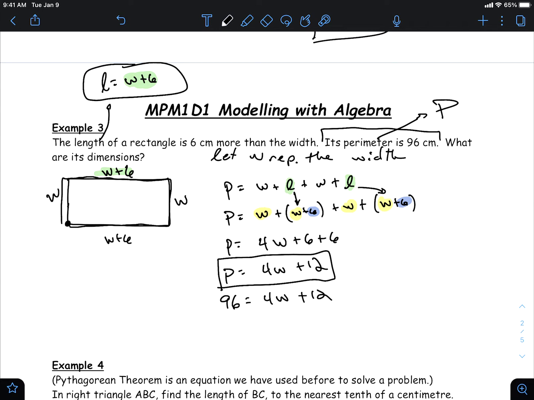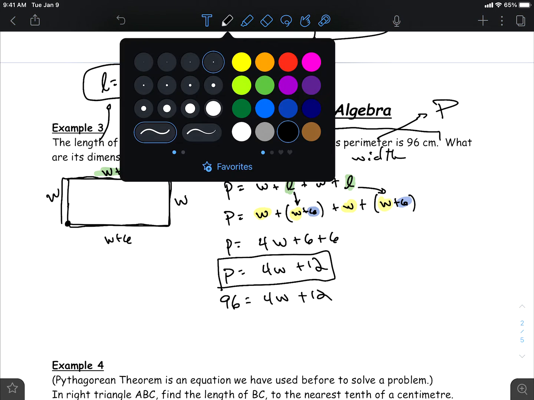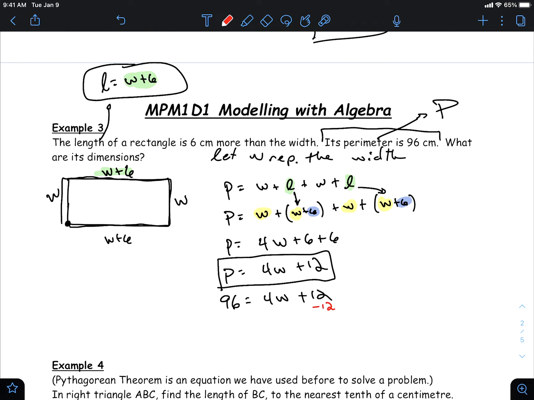We're trying to get W by itself, that's our goal here. So we're going to take 12 away from both sides. You're going to get 96 minus 12 equals 4W.